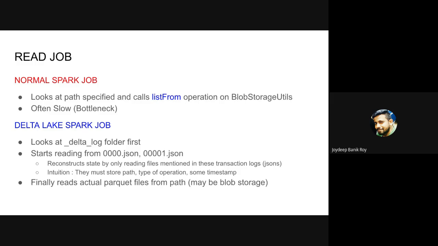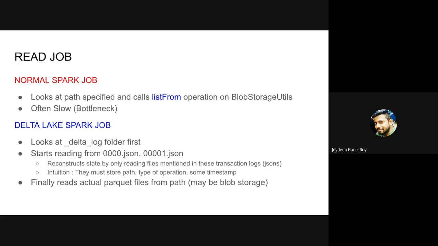So it will read 000 JSON and get all those files. Then it will read 001 JSON, and figure out that these files need to be deleted, and this is the final state. So there's a concept of reconstructing state by reading the transaction log first. Once you have read the transaction logs, now you know which actual Parquet files to read. So it will finally go read the actual Parquet files from the path.